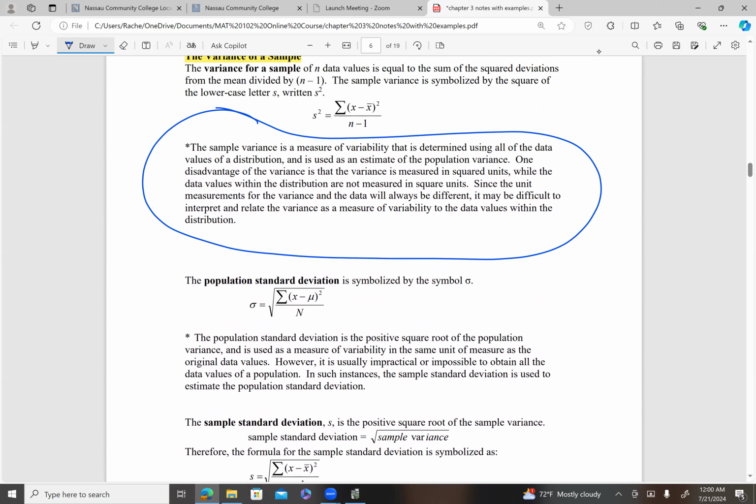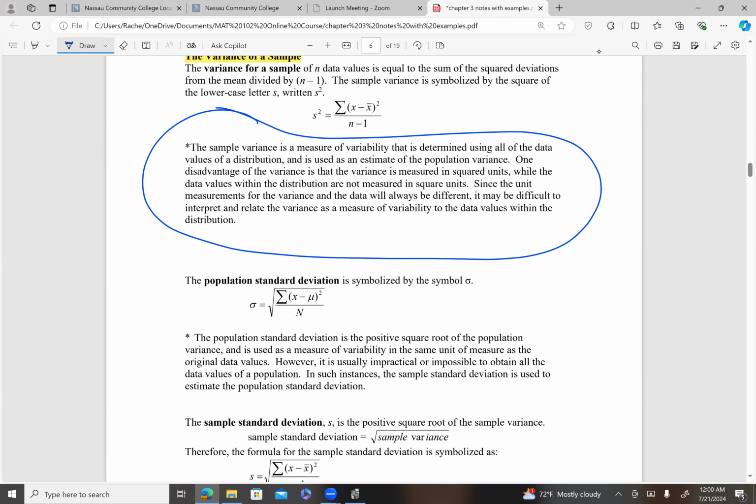But one disadvantage of the variance is that the variance is measured in square units, while the data values within the distribution are not measured in square units. Since the unit measurements for the variance and the data will always be different, it's hard to interpret and relate the variance as a measure of variability to the data values within the distribution.